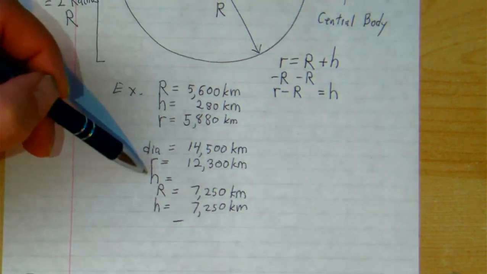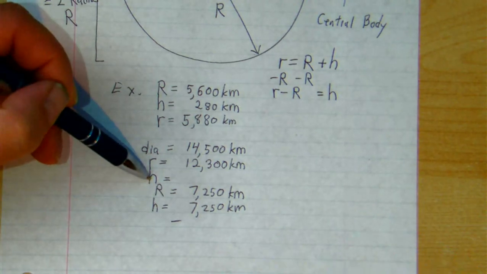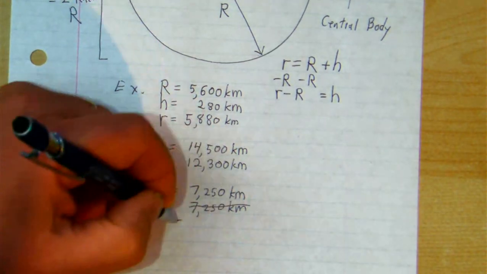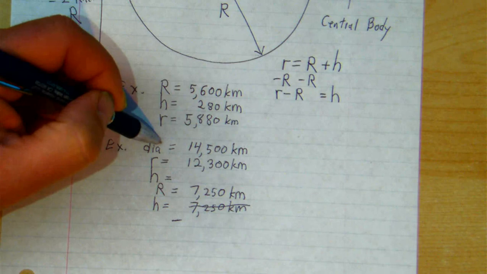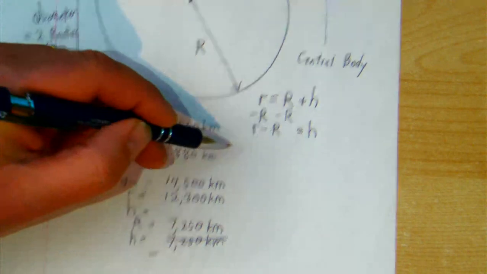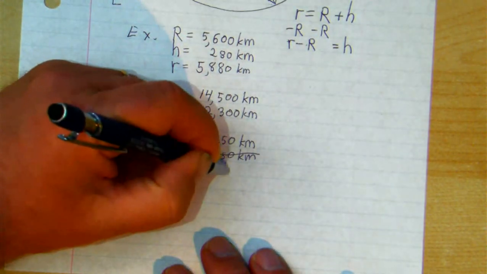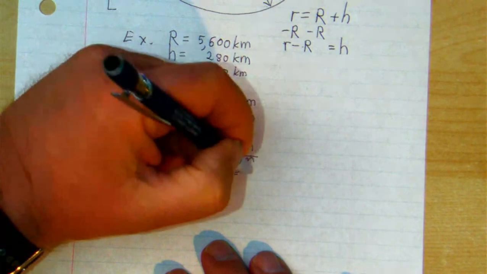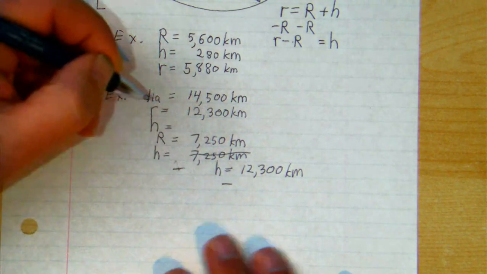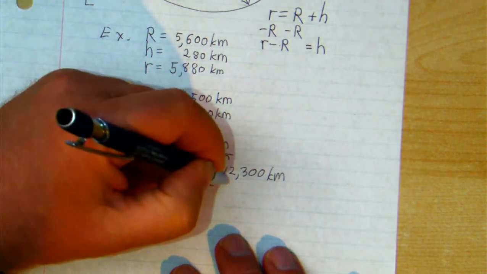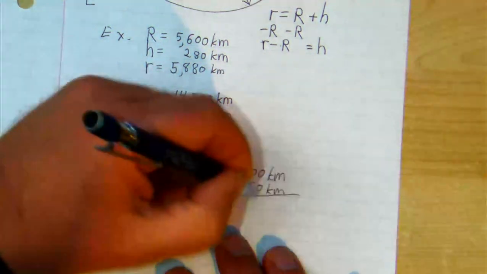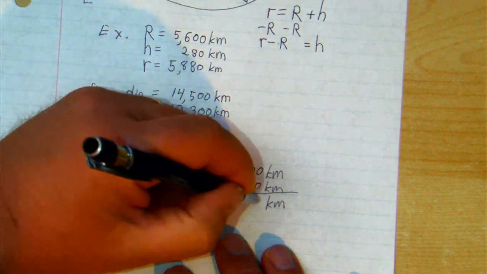We're trying to solve for the altitude, and I need to subtract the radius of the planet from the orbital radius. I was just about to do that incorrectly. So the altitude is the orbital radius, 12,300 kilometers, minus the radius of the planet, 7,250 kilometers. Yes, now that makes sense.